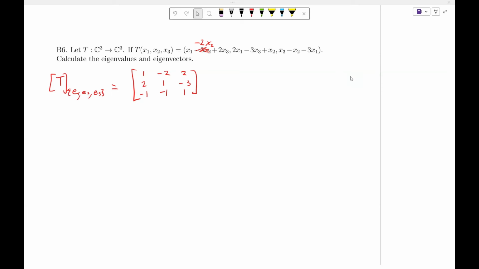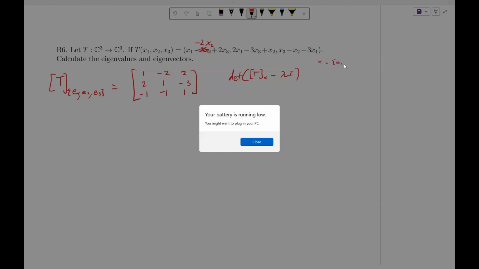Now that we have the matrix representation, we can calculate the determinant of the matrix representation T alpha minus lambda I, where alpha is the standard basis.